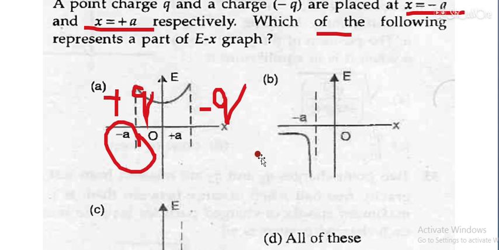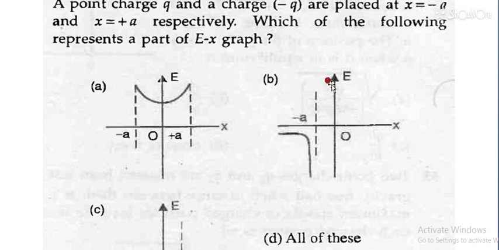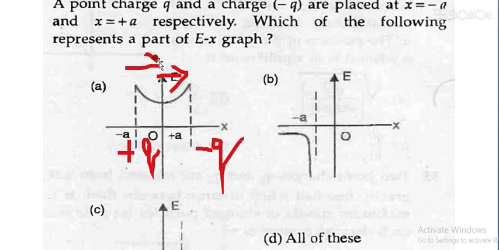So we have to plot the electric field. So an E versus X graph is required. Students, see, if negative charge is there, then the electric field on the left hand side will be along this direction, right hand side, and if plus q is present here, then the electric field will be in this direction.